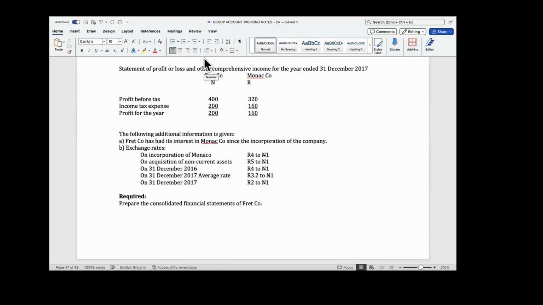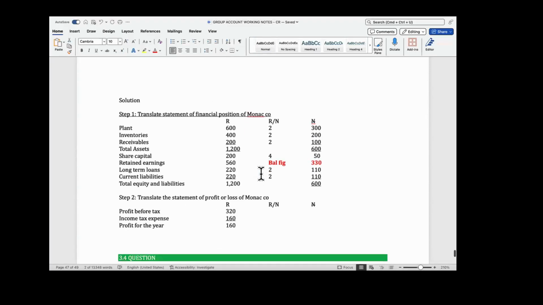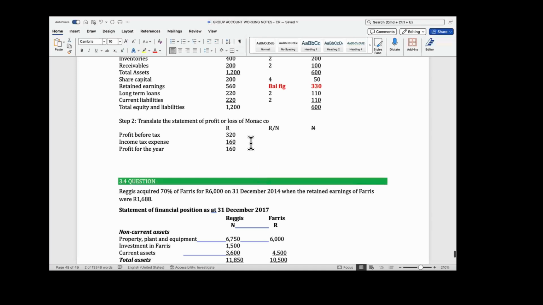The average rate. Thank you very much. We are going to use the average rates. So what's the average rate here? It's 3.2 to 1 naira. So we divide.